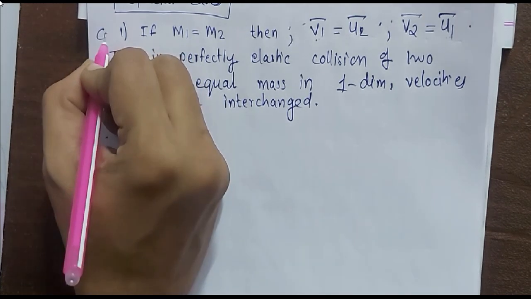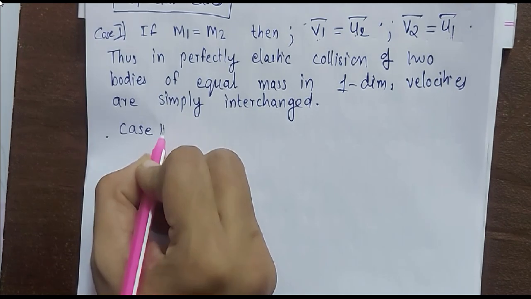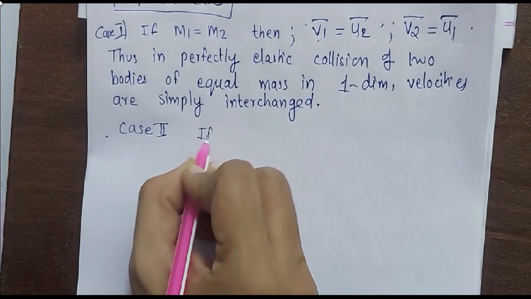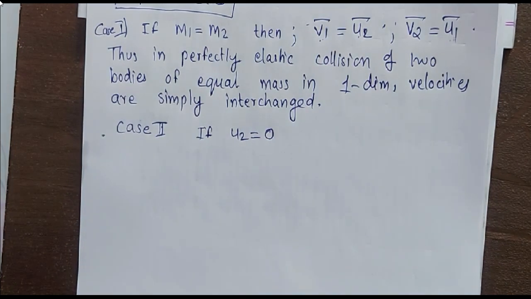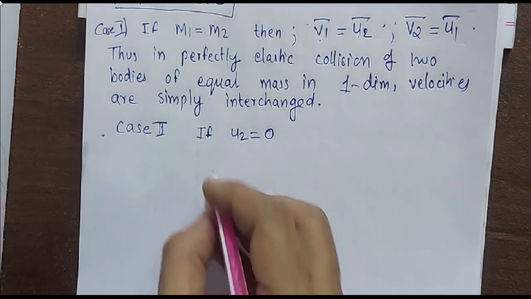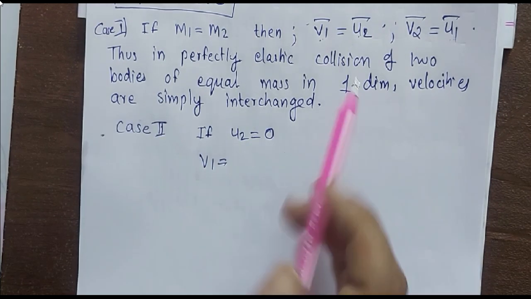This was case 1. Case 2. If u2 is equal to 0, means the second particle is at rest, so velocity v1 will become just this.